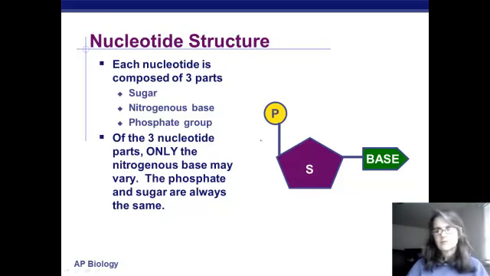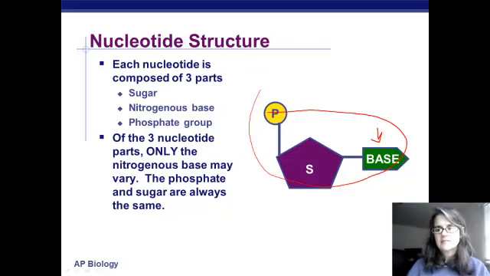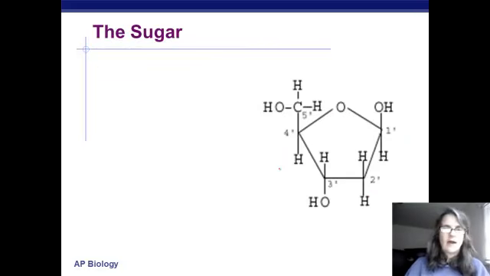So you need to be able to recognize this generic thing as a nucleotide. This whole thing is a nucleotide. The base may vary between one nucleotide and the next. The base may change, but the phosphate and the sugar will always be the same. They're always the same. Okay?